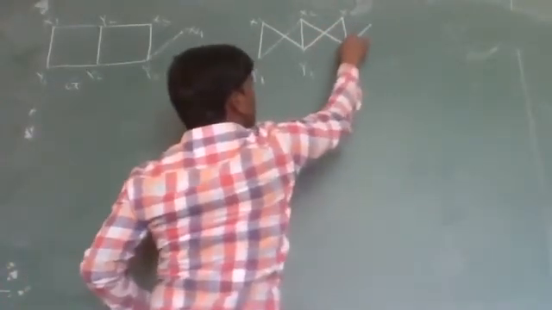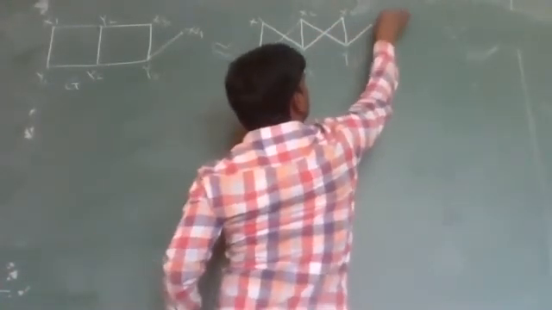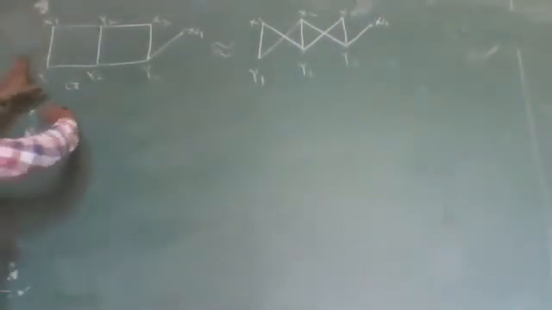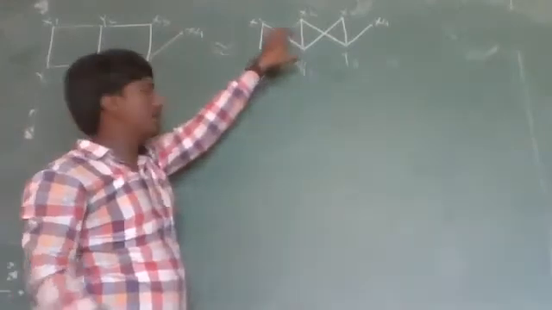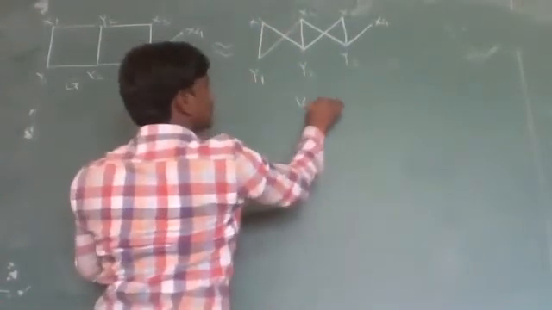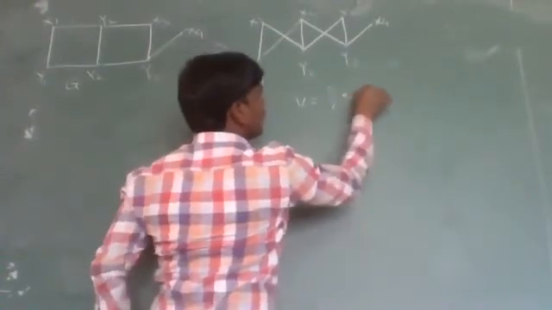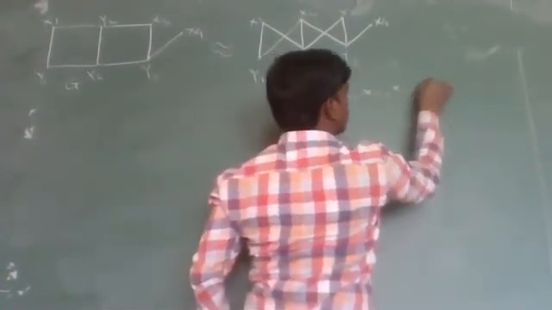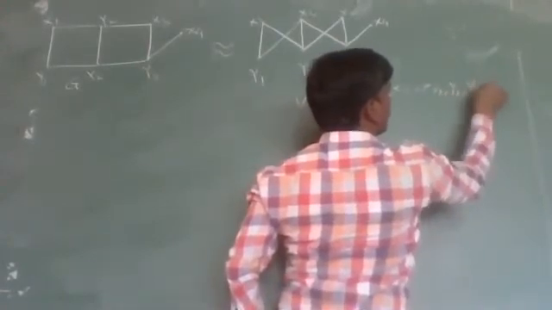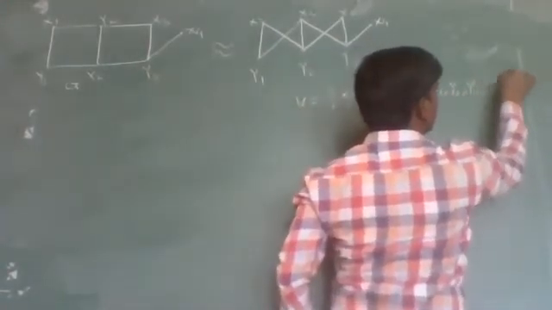So this one is a bipartite graph. Here we can find out the two subsets of our vertex set V, which contains x1, x2, x3, x4, y1, y2, and y3.